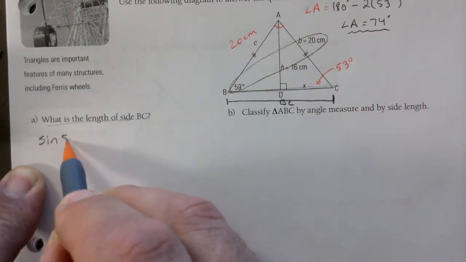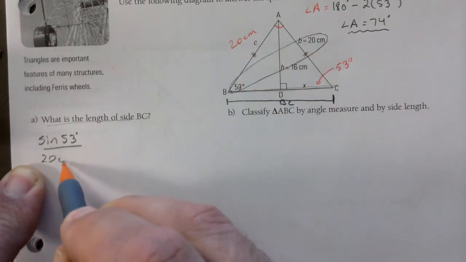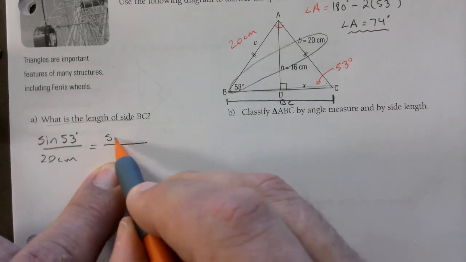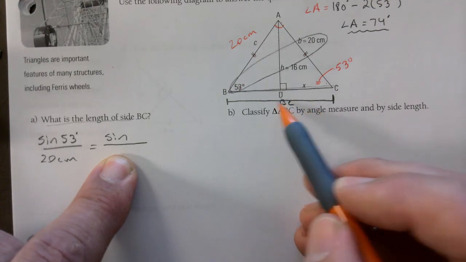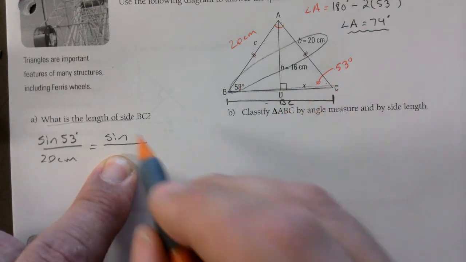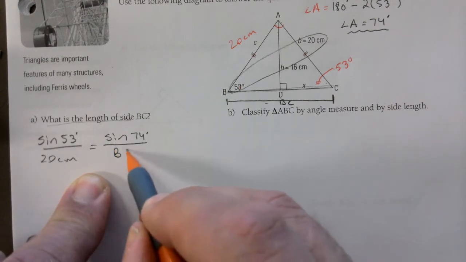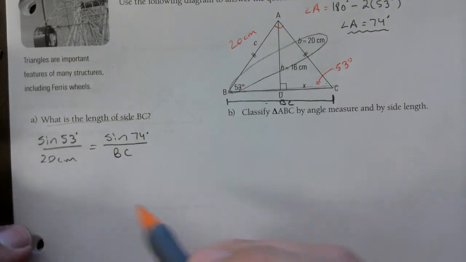Sine of 53 over 20 centimeters is equal to sine of, which one am I going to use if I want to find BC? 74. And I'm just going to use the same notation because it shouldn't throw us off really.